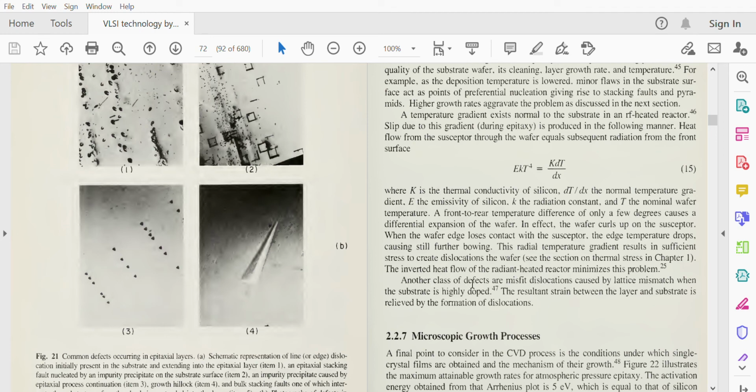When the substrate is highly doped, the resultant strain between the layer and substrate is relieved by the formation of dislocation. So overall, if you conclude the two topics that we discussed today, first is the buried layer and second is the epitaxial defect.